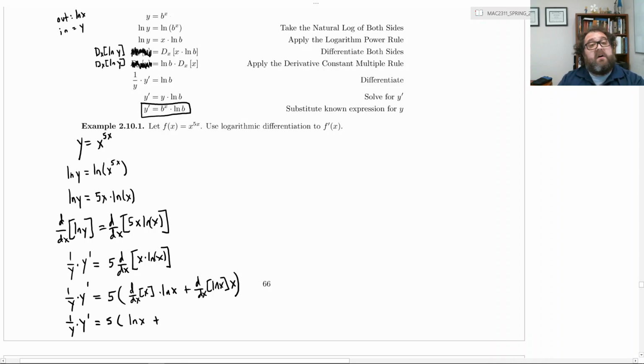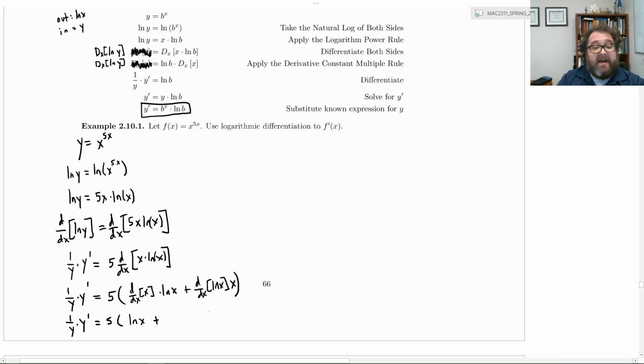okay, what's the derivative of natural log x? Okay, and by the way, we're taking the derivative of natural log x with respect to x. There's no variable mismatch. In fact, there's no variable mismatch at all on the right-hand side. The right-hand side only has x's on it. So the right-hand side derivatives are just business as usual because we're taking the derivative of x with respect to x.